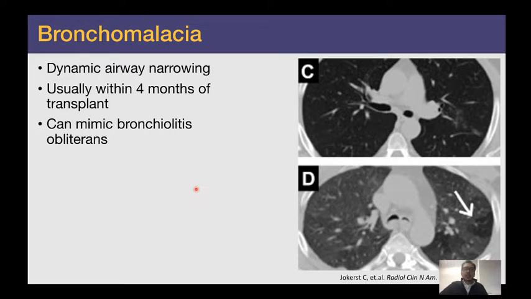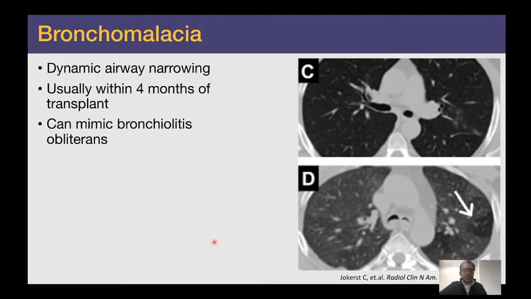The criteria differ as to how much of a size decrease there has to be, but generally, if you're looking at diameter, then a 50% decrease in the diameter of the tracheal lumen. Okay, and if you're looking at the lung, then you'll see areas of mosaic attenuation, which represent air trapping.